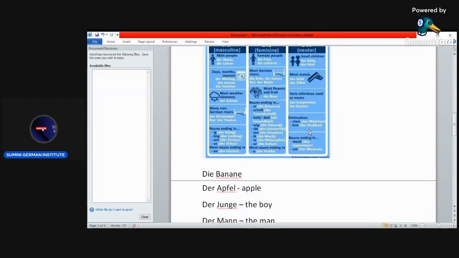Then we have lein, that's das Kindlein, okay? Then we have nouns ending with ment, that's das Experiment, the experiment, and das Museum, the museum.